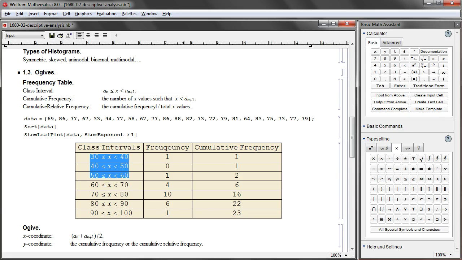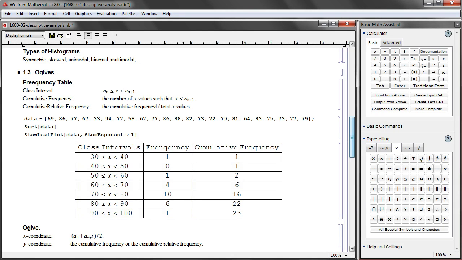And less than 60, putting all these together, we have 1 plus 1, that's 2. And less than 70, putting all these together, we have 6. And less than 80, putting all these together, we have 16, and so on and so forth. And eventually, if we get everything, then you have to have the total.